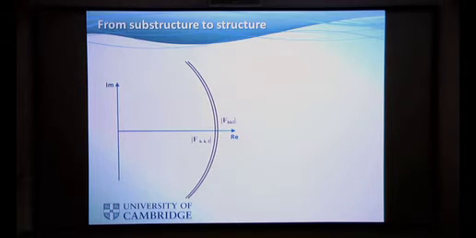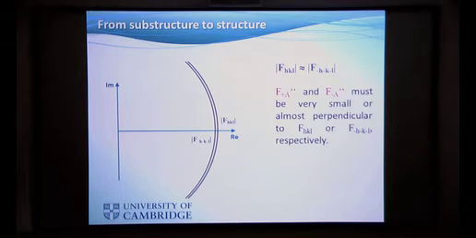If they're more or less the same, we know that the f double prime contribution must be very small, or it is almost perpendicular to the structure factor itself. So consequently, alpha must be close to 0 or 180 degrees. However, we don't know which of the two, which cannot be resolved at this stage. We need density modification to resolve this.